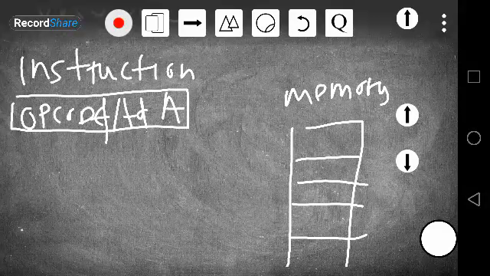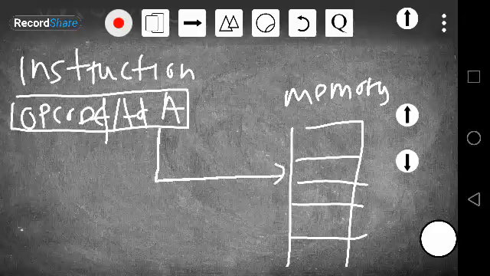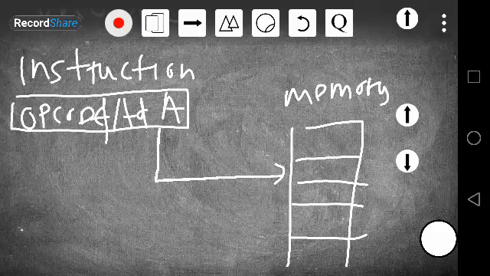So address A is pointing here, where there is the pointer to the operand.